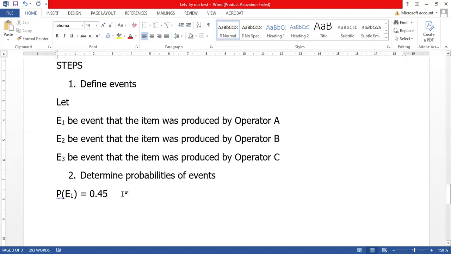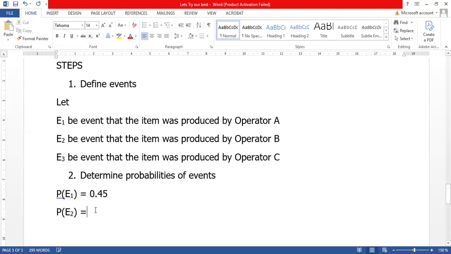Then the next probability. The probability of E2 will be 0.3.